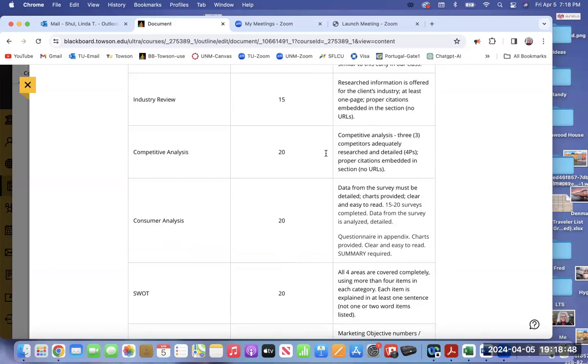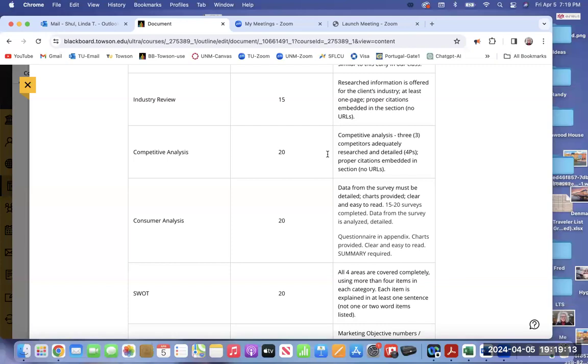The next point I told you, 3 competitors with the 4 Ps. So I would do a chart, 3 competitors on the top, 4 Ps on the side, and give me a couple sentences for each. Is their pricing similar to your business?